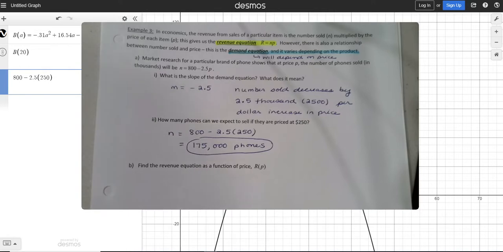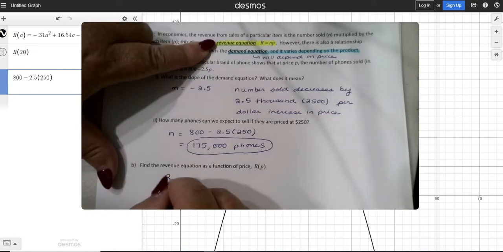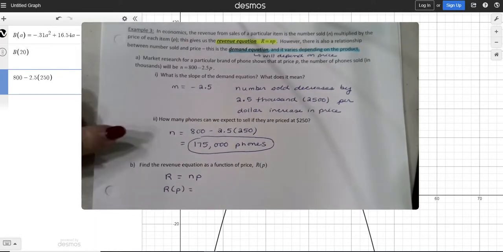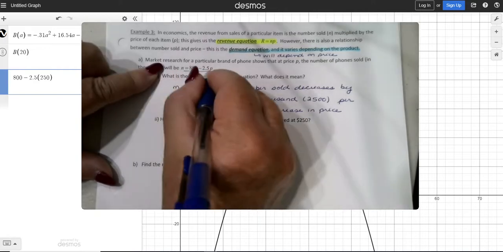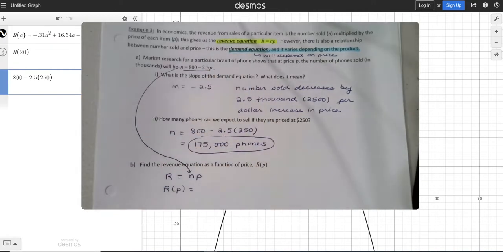All right, the next question was to find the revenue as a function of price, R of P. And remember, we had a revenue equation up here. Revenue is n times P. But I want this as a function of just price. I don't want the n variable in there. So I'm going to take my n equation and substitute it for the n here.